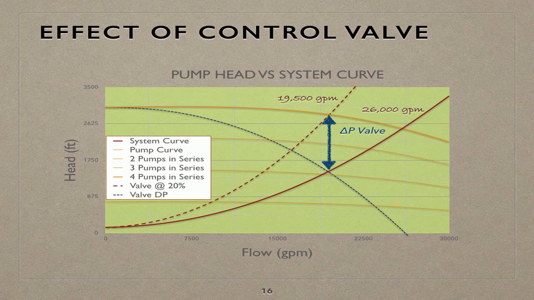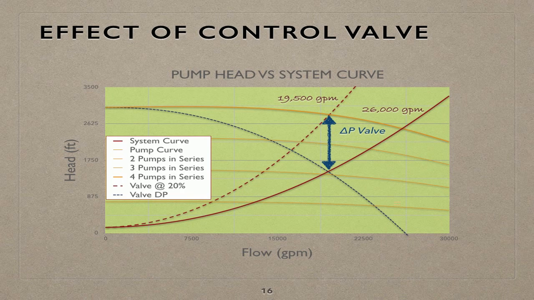Remember that the intersection of the system curve and pump curve is where the steady-state flow will occur. So, if we wish to move the steady-state flow rate, the delta P across the PCB will be pump head minus the system head at the flow rate we wish to achieve.